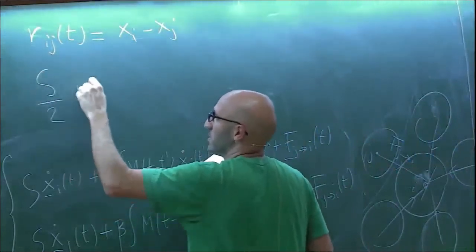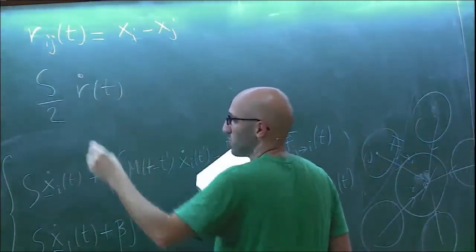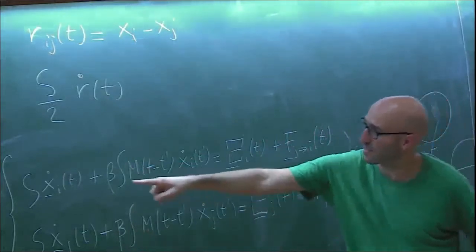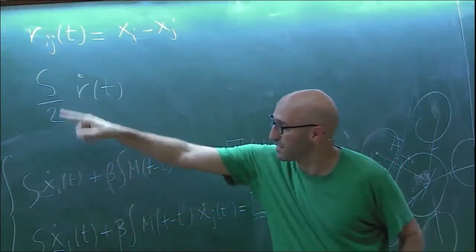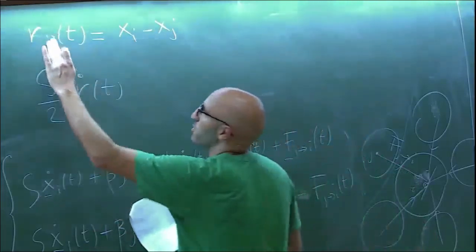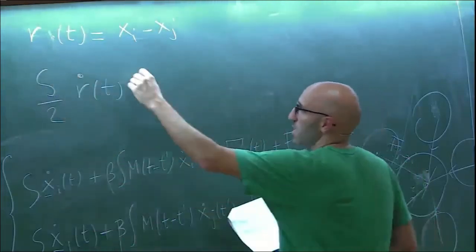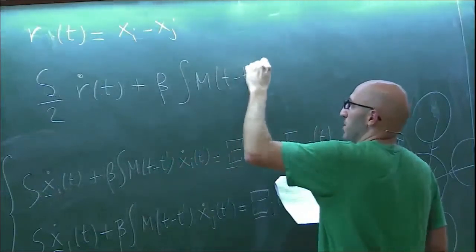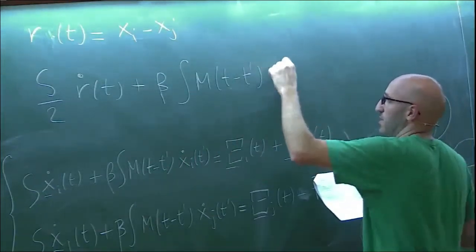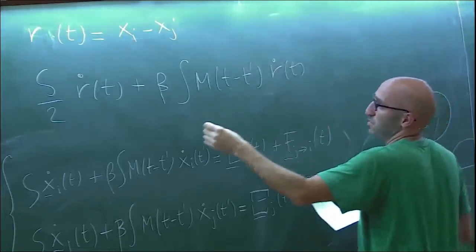So when I take the difference, I get z times r dot. Let's drop the ij because now I don't need it anymore. Plus beta integral of r dot beta over 2.